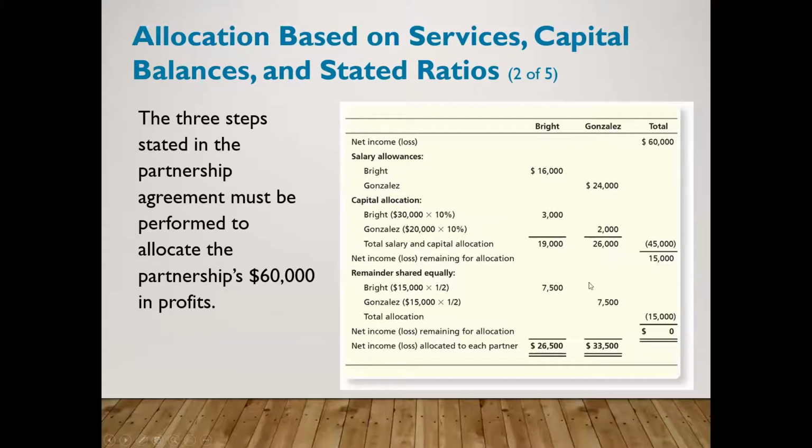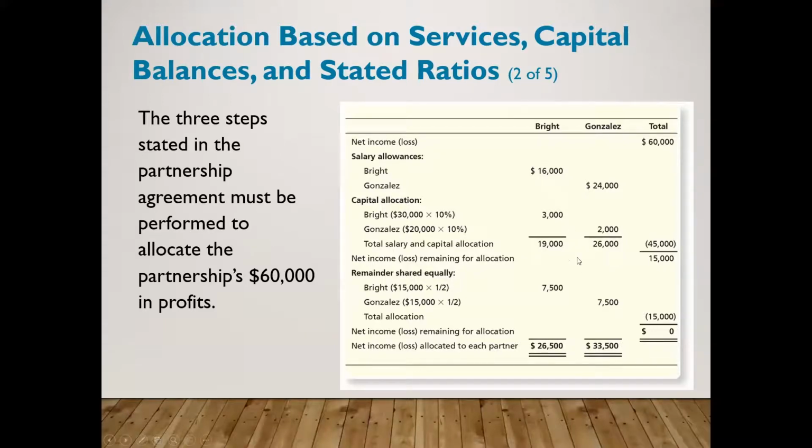the $15,000. Half of 15 is $7,500. So in this case, $26,500 is allocated to Bright, and $33,500 is allocated to Gonzalez.